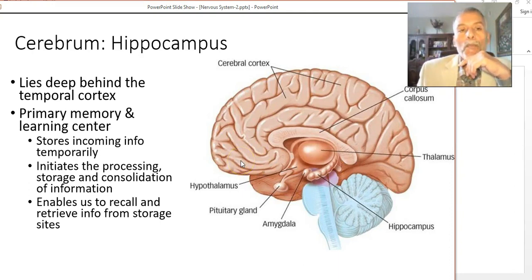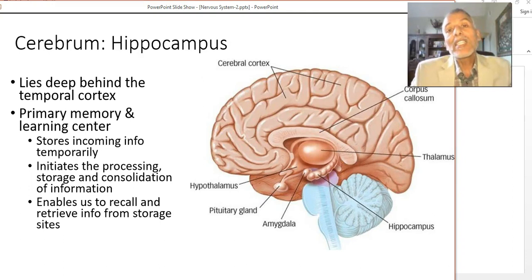So, the hippocampus is one part of the cerebrum. The hippocampus is this structure here that is very deep, behind the temporal cortex. And it is your major memory processing center.